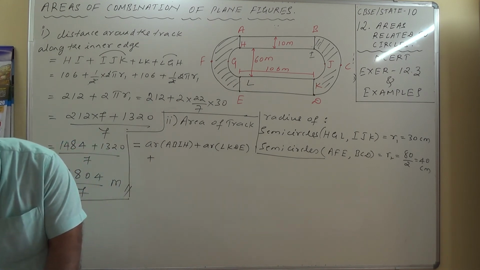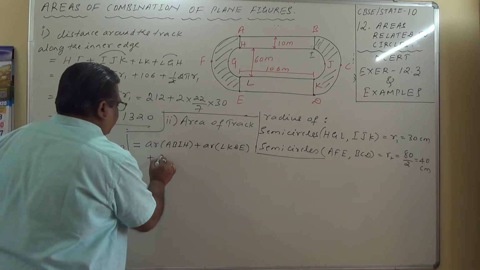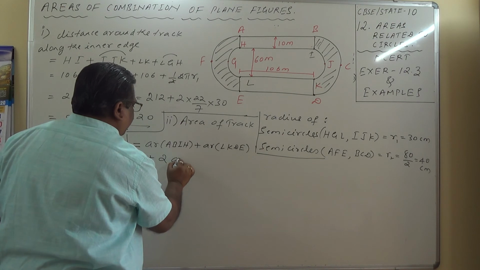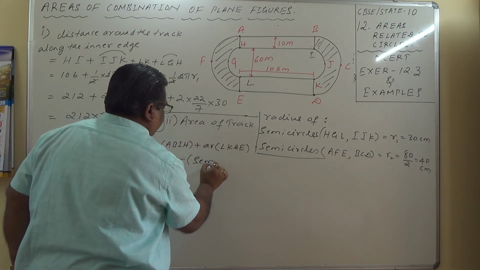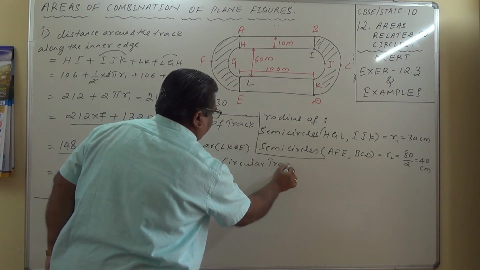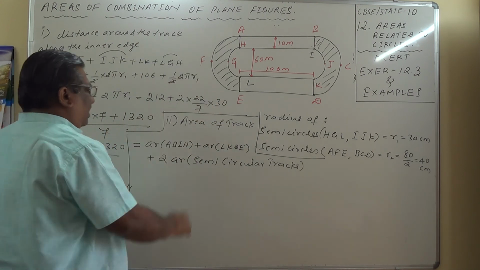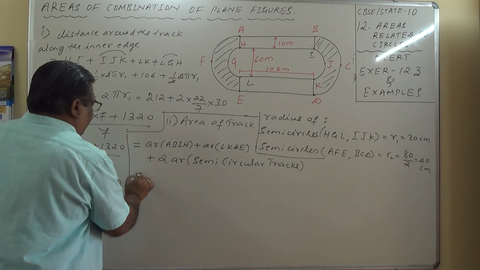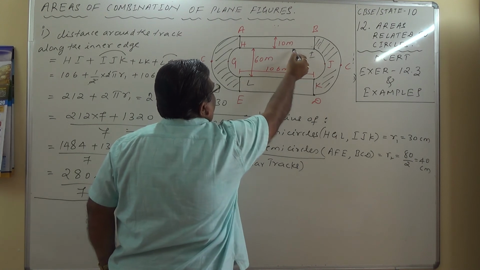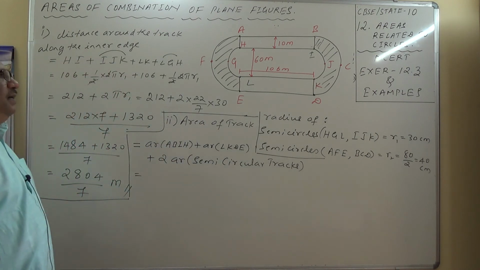You can also write semicircular tracks. This and this both areas are equal, and therefore 2 times area of semicircular tracks. I think these are the best words to describe the two end semicircular portions and the area bound by them. Now, what is the area of ABIH? From here to here 106, from here to here it is 10. Length is 106 and width is 10. L into B, that is 106 into 10.